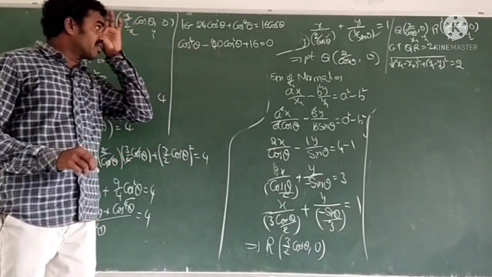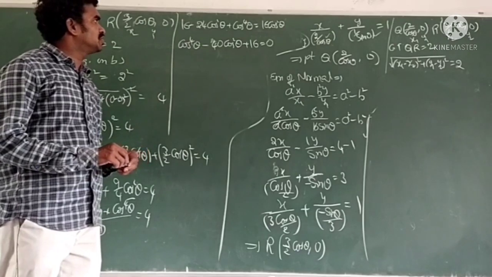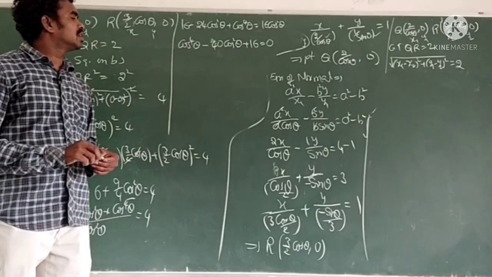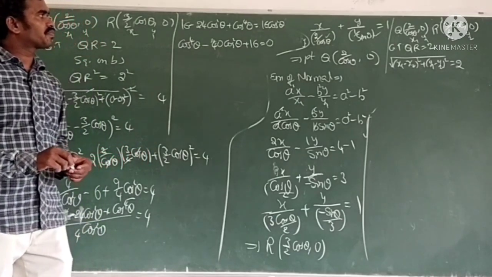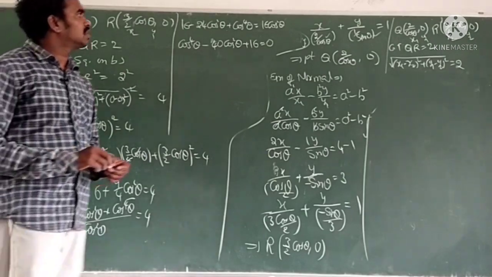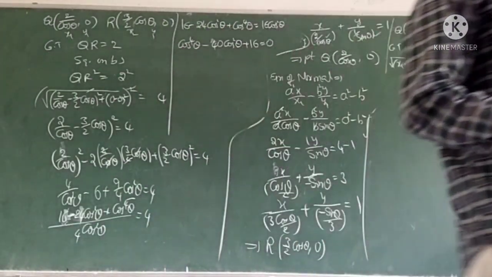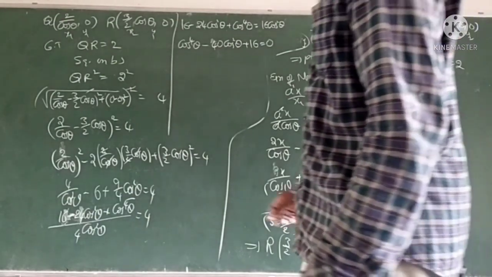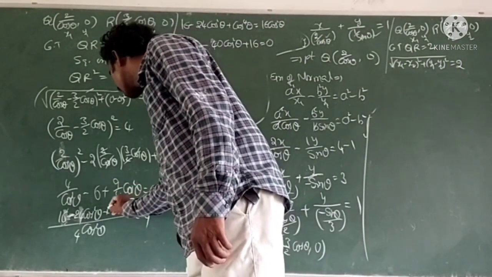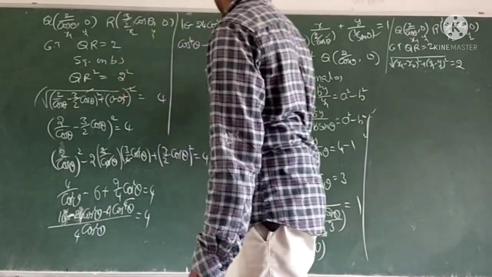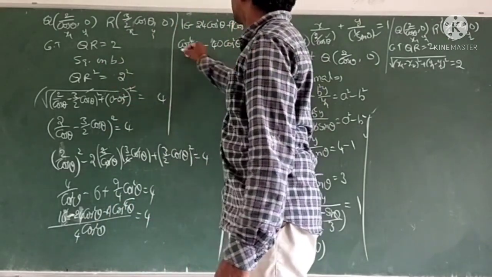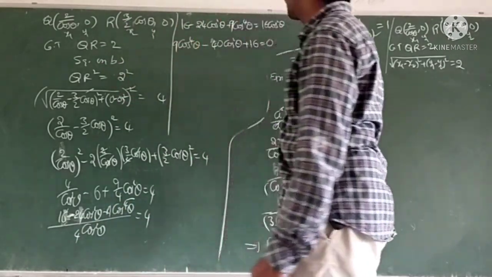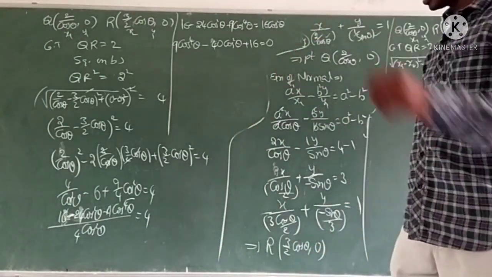So how can we simplify this? Using a quadratic equation. Here 9 cos square means 9 cos power 4. So we have 9 cos power 4 theta minus 40 cos square theta plus 16.